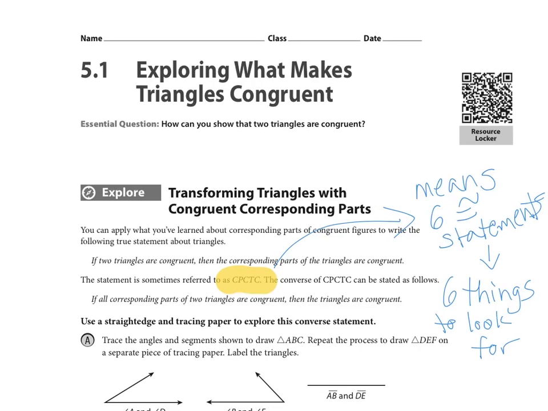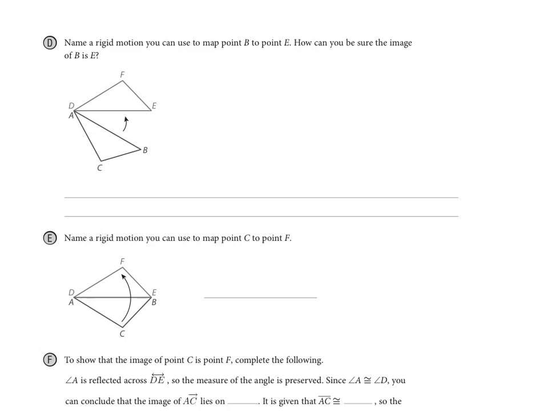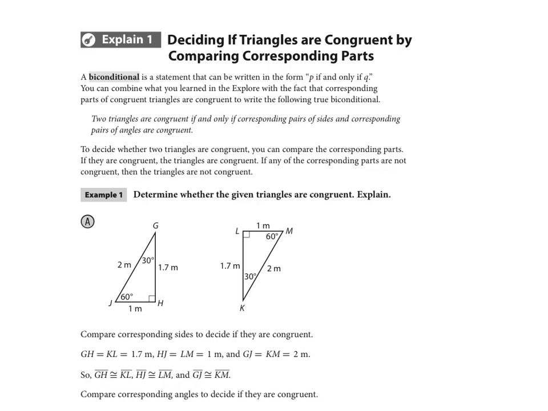So from here, we're going to skip ahead a couple of pages. Go to page 221. On page 221, we have Explain 1, deciding if triangles are congruent by comparing those corresponding parts. First, we're going to talk about the definition of a biconditional.